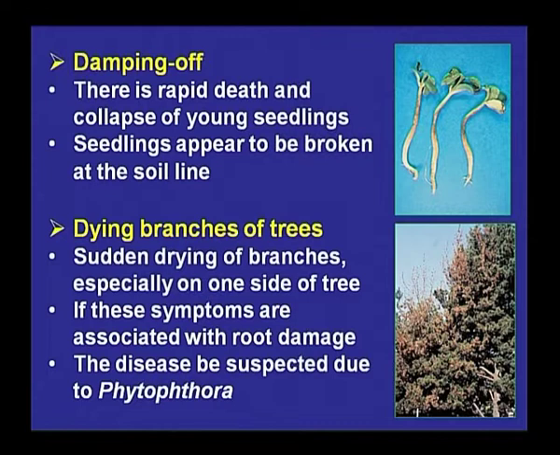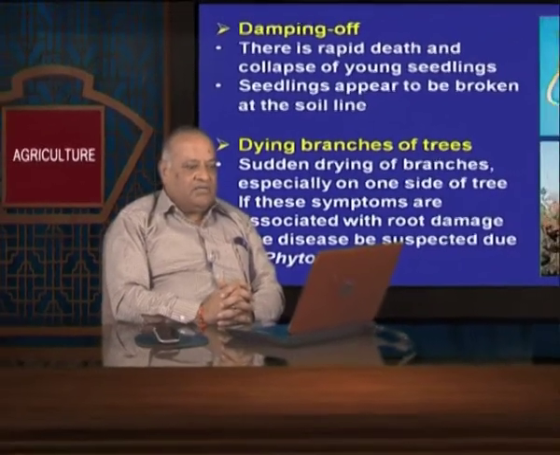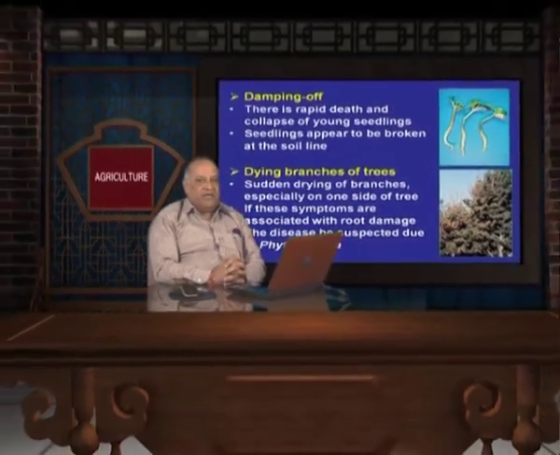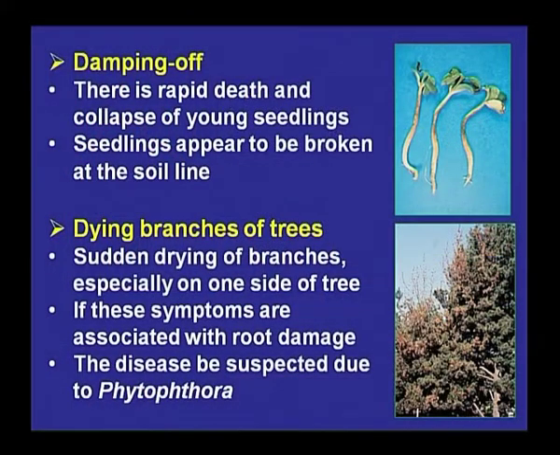Phytophthora is a very characteristic pathogen and it affects big trees in a way that they suddenly dry, and one side of the tree shows the drying. The sudden drying of branches, especially on one side of the tree, is a symptom associated with root damage, and the disease is suspected to be caused by Phytophthora as seen in the film.